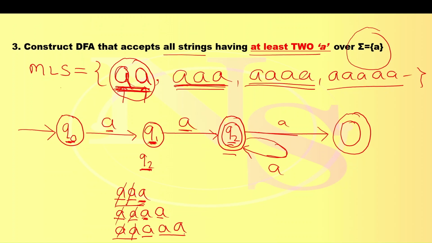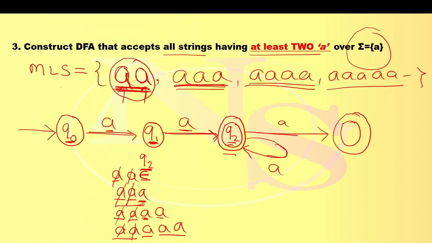In addition to this, if no A's are coming, what's the example of that? The example is double A. Write it like this. The first A is read by Q0 reaching Q1. Q1 reads the second A reaching Q2. So what does Q2 read? Nothing. Nothing means epsilon. So Q2 reads epsilon. How many A's in epsilon?